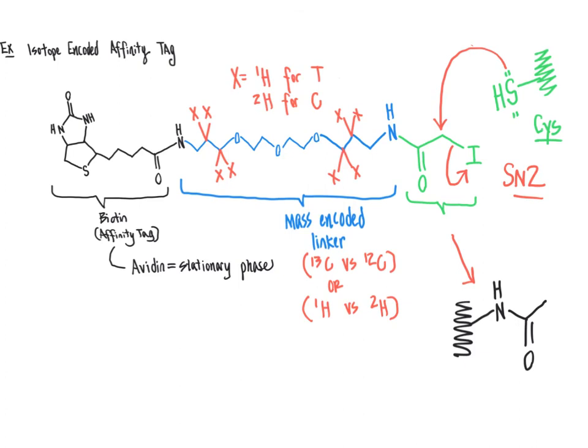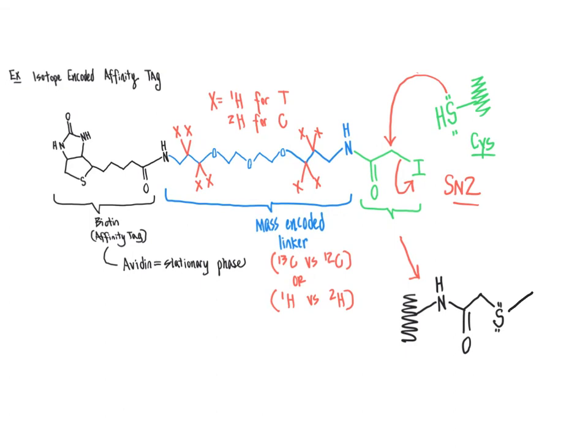And then we have our carbon that was bonded to the iodine leaving group that will end up ultimately bonded to our sulfur atom. And the sulfur atom then is bonded to the rest of the protein or the rest of the peptide, depending upon whether we're looking at the full intact protein or the peptide at that point.